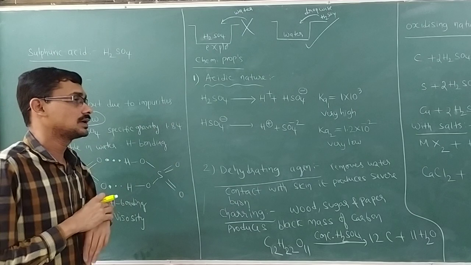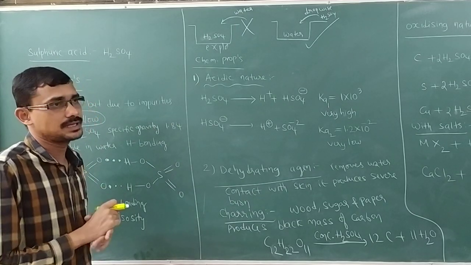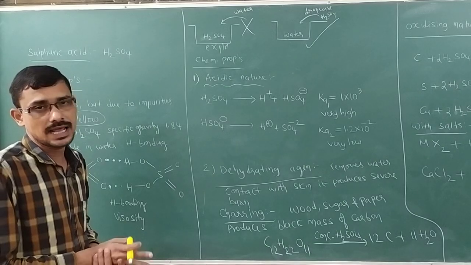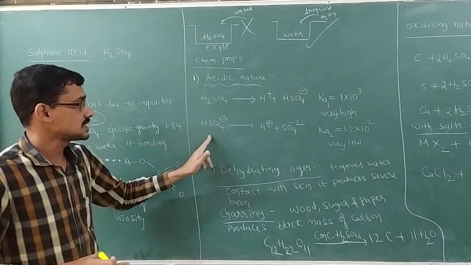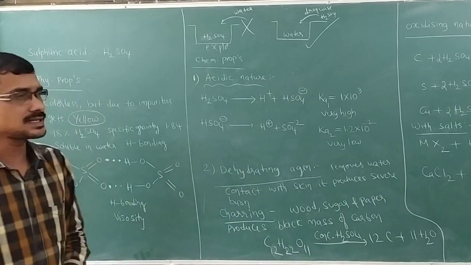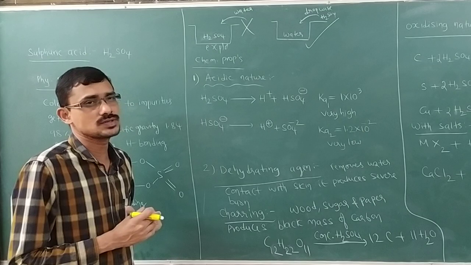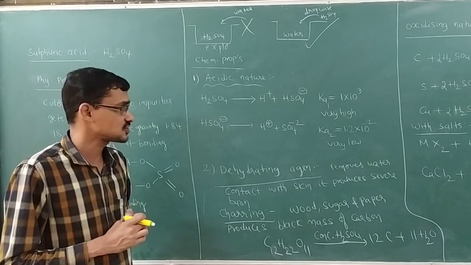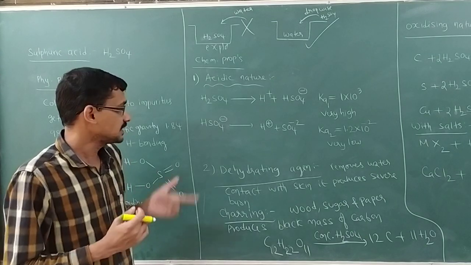Next, chemical properties. How do you explain the acidic nature here? If it releases H plus ions, they are acids. See, H2SO4 releasing H plus ions. HSO4 minus again is, that means how many H plus ions can it release? 2 H plus ions. But if you consider the first dissociation constant for releasing the first proton, that is very high, isn't it? After that, what happens here?